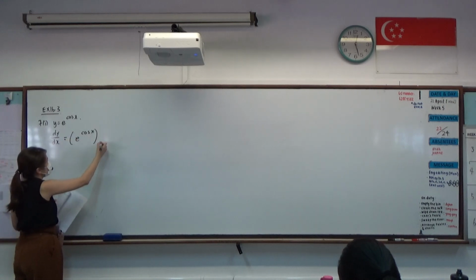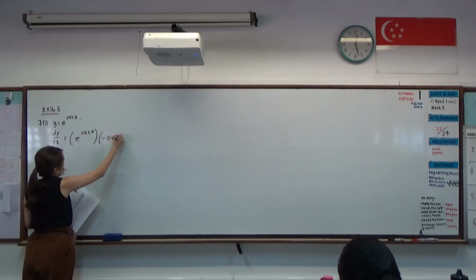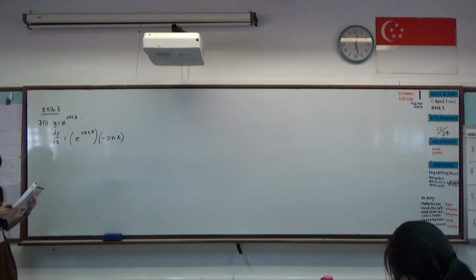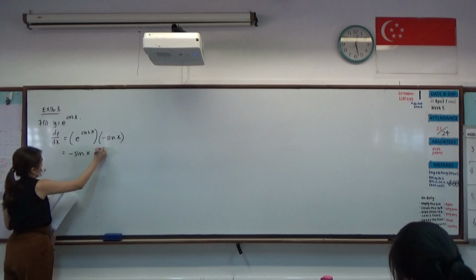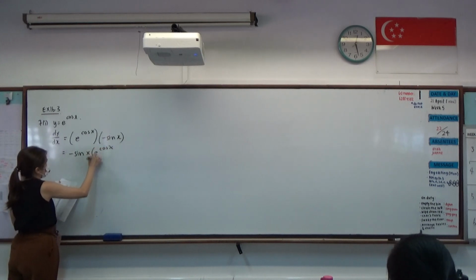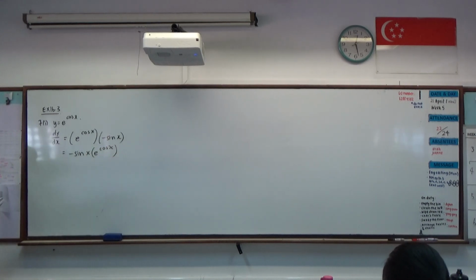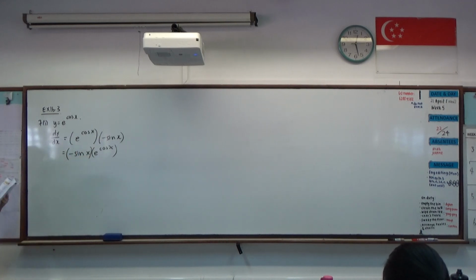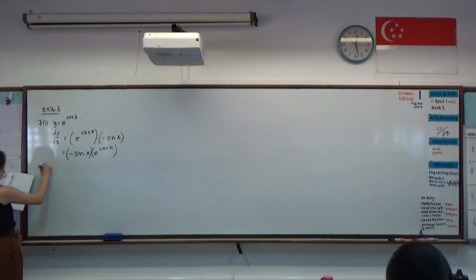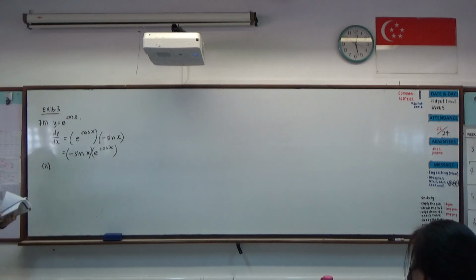Then we differentiate our cosine, which is going to give us negative sine x. So, to rewrite that, we can write it as negative sine x e to the power of cosine x. Then in part 2, I think that is where the issue may come from.